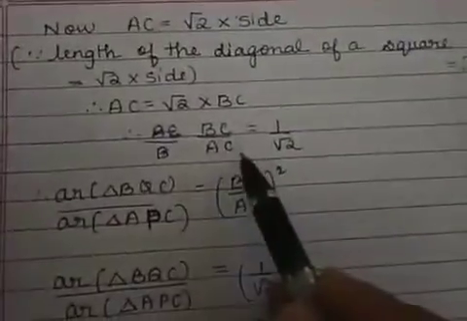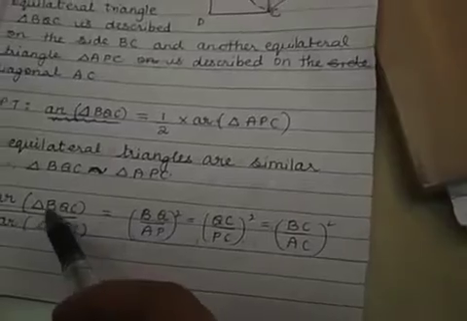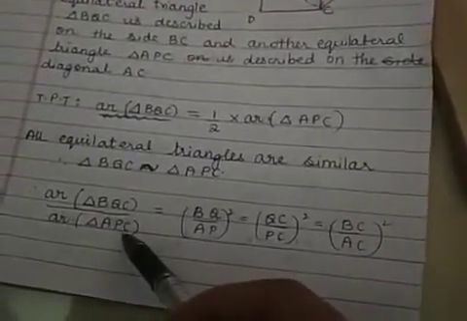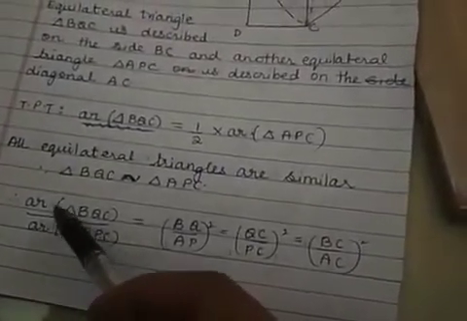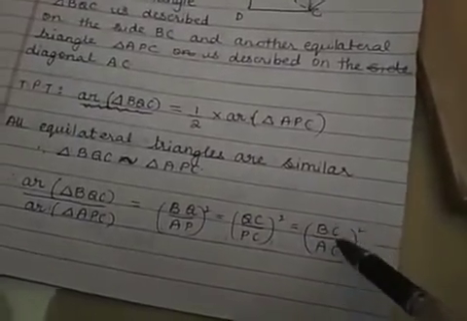Now, since I know BC upon AC is 1 upon root 2, which one will I choose? I will take area of triangle BQC upon area of triangle APC equal to BC upon AC the whole square.